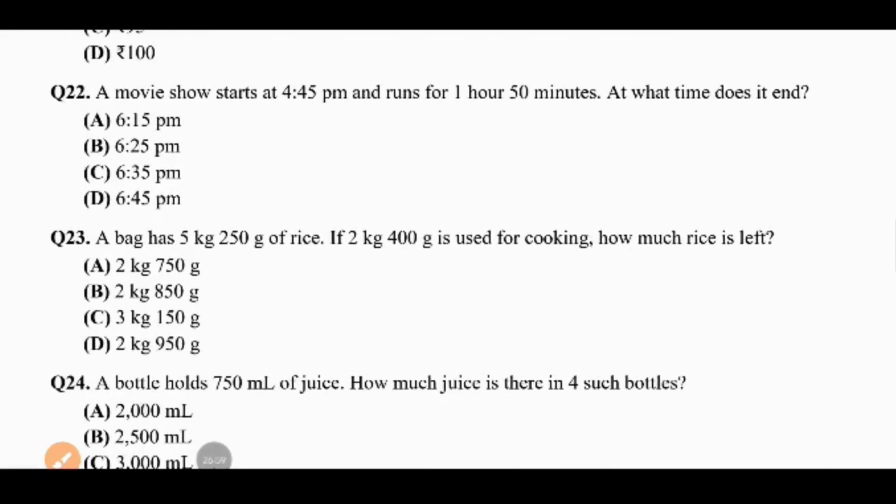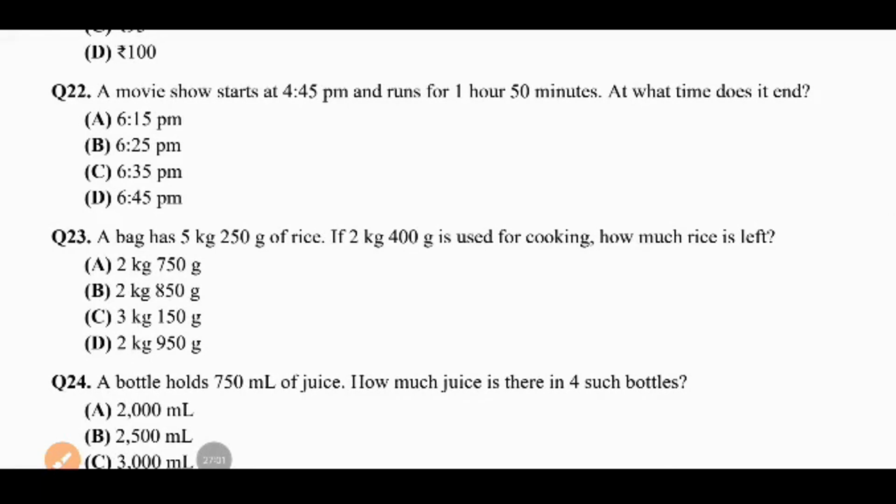We will solve it. 5 kg 250 grams minus 2 kg 400 grams. It's better to convert all the units into grams. So this becomes 5250 grams and 2400 grams, and on subtracting we get 2 kg 850 grams.